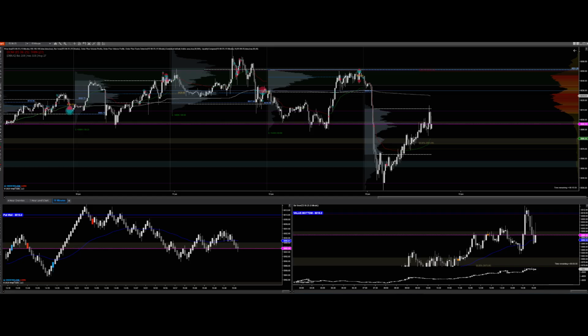I don't know, am I showing the wrong screen? Okay, I'm showing the right screen. We're building a lot of negative delta right here.